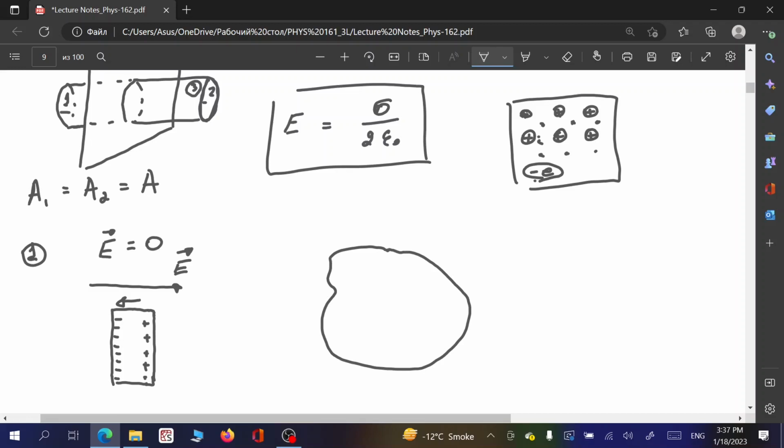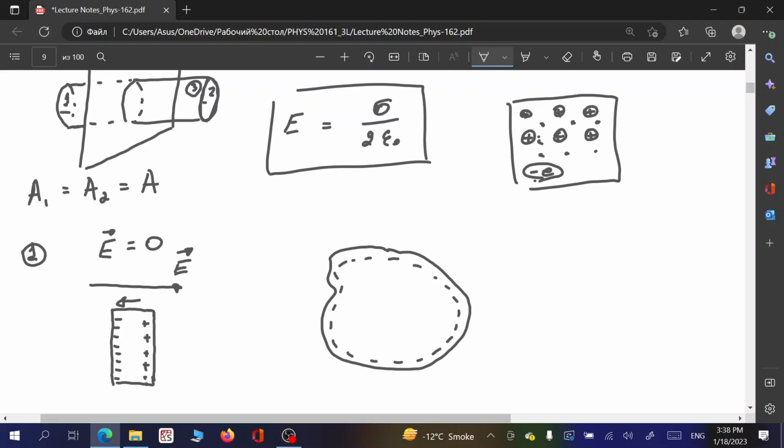And then what we do here, we consider some closed surface inside this conductor. So that is our Gaussian surface inside the conductor, which is placed very close to the surface, but a little bit on the inside of the conductor. So now, what will be the electric field flux through such a closed Gaussian surface?